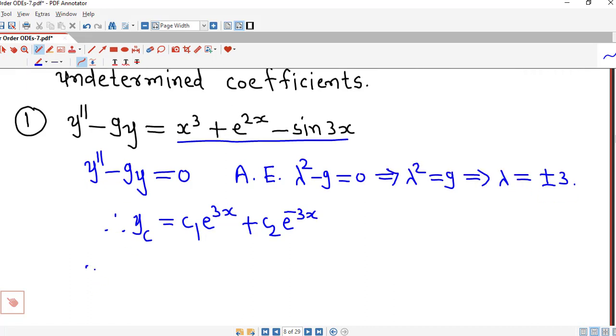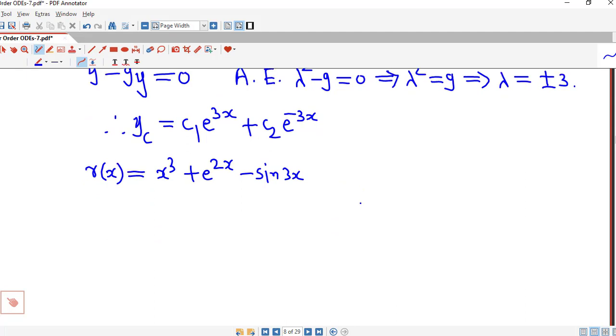Now here the right hand side is r(x) equal to x cube plus e raised to 2x minus sin 3x. So it is a linear combination of three functions, x cube, e raised to 2x and sin 3x, which are in addition and subtraction.